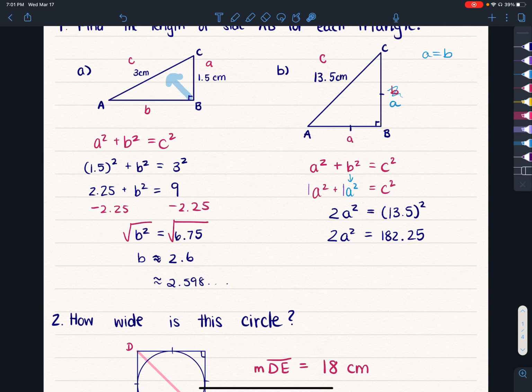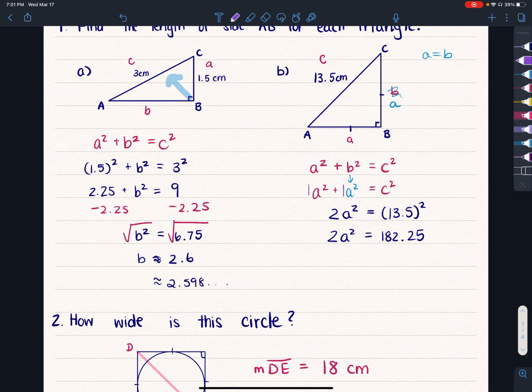And now we need to isolate for this a. So we've got a few things going on here. We have a multiplication and we have an exponent. So something that's useful to remember is when we are doing algebra. Normally when we have a chain of operations, a big problem involving a lot of steps, we usually use BEDMAS, right?